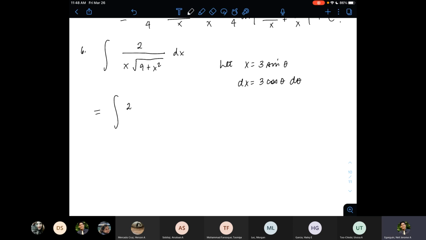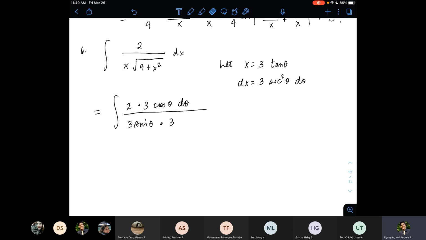Let me try to do it quickly. 3 cosine theta d theta over 3 sine theta times 3 cosine theta. Oh, sorry. Why sine? I should use a tangent. Yeah, I should use a tangent. What's with today? I feel totally off, but anyway.